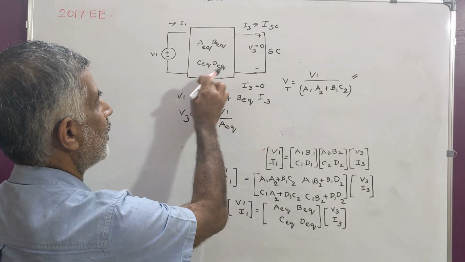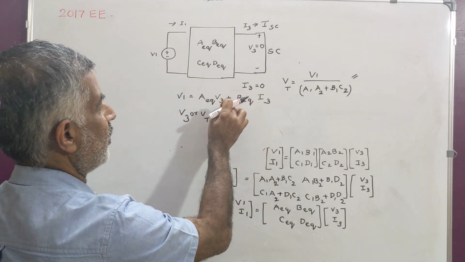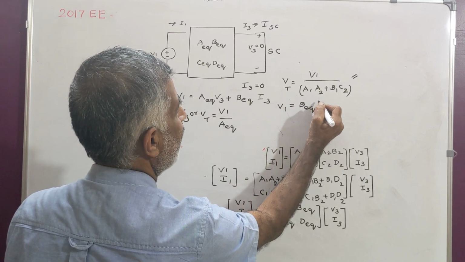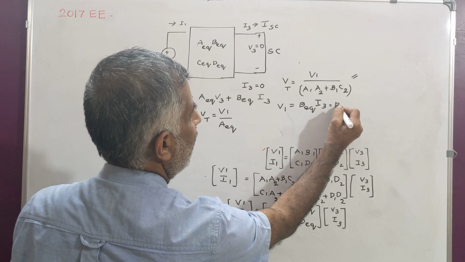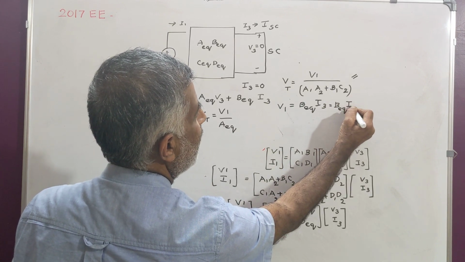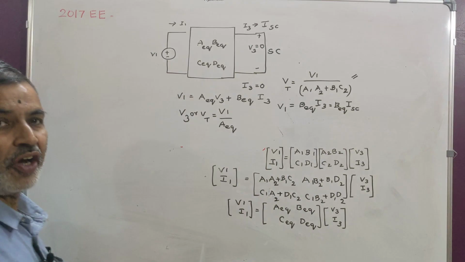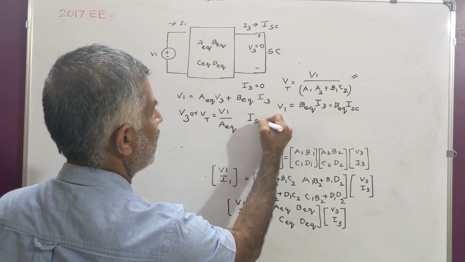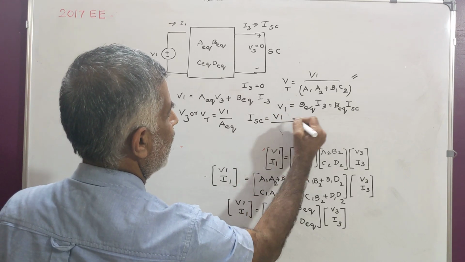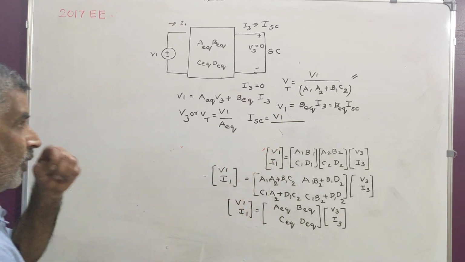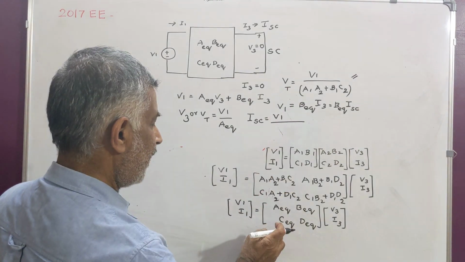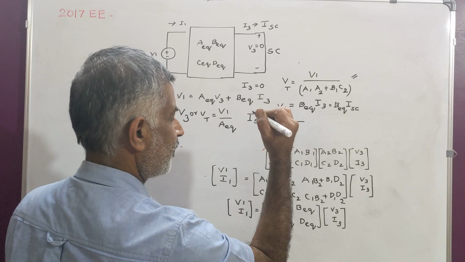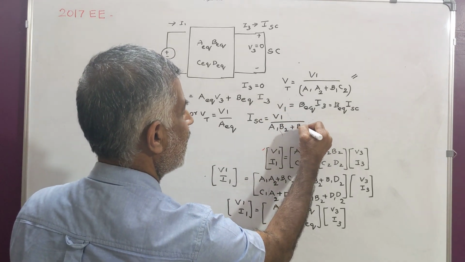Now, in this equation, if V3 is made equal to 0, then we are left with V1 equal to B equivalent into I short circuit. Therefore, I short circuit is equal to V1 by B equivalent. B equivalent is A1 B2 plus B1 D2.